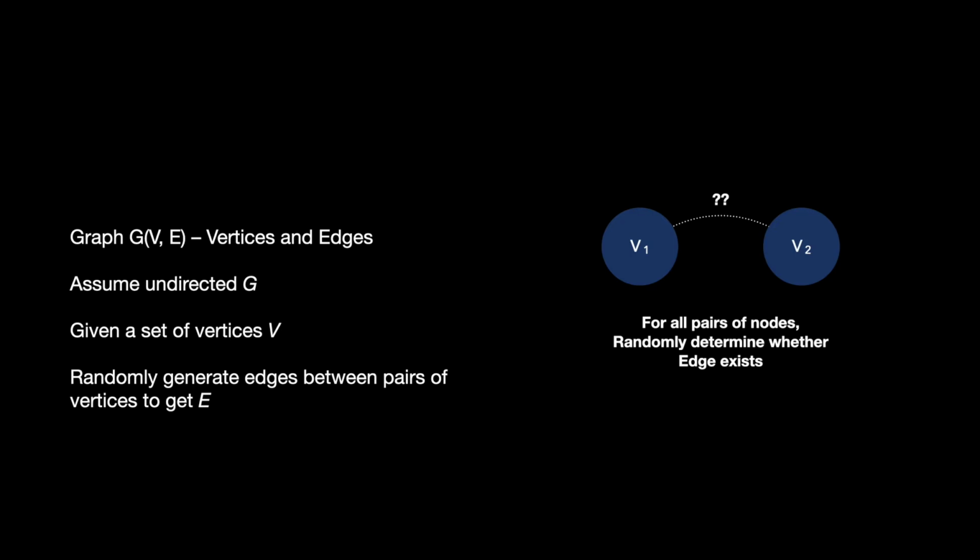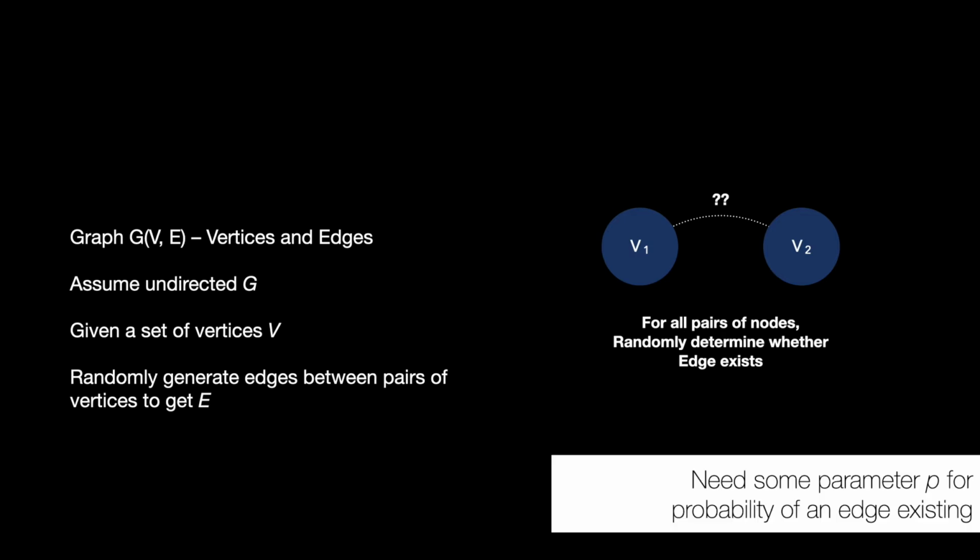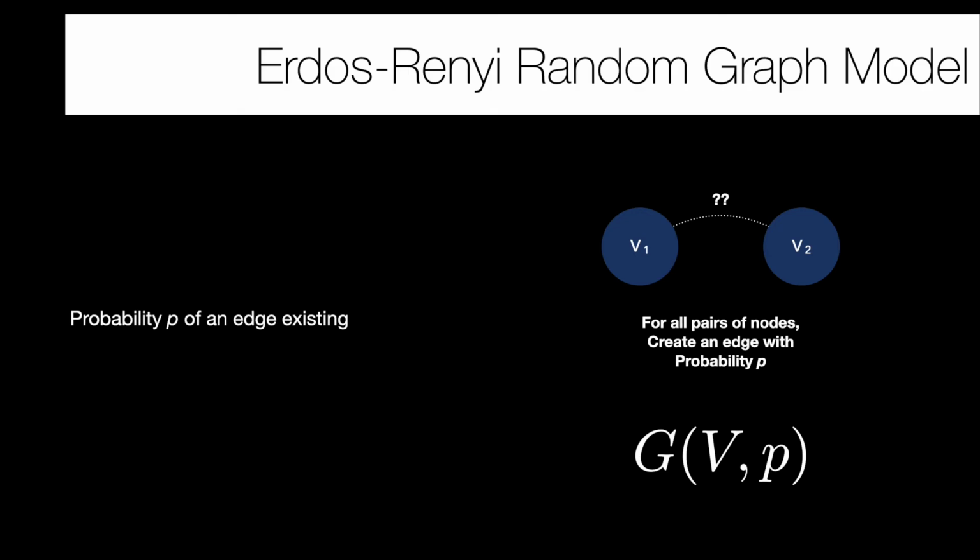So we take a pair of nodes, say v1 and v2, and then we randomly decide whether this edge exists based on some parameter, p, that we can say is the probability of a particular edge existing, and we can set it in the model. This model is called the Erdos-Renyi graph, or the Erdos-Renyi random graph model, where you have some set of nodes and a probability of edges between pairs of nodes in this graph.